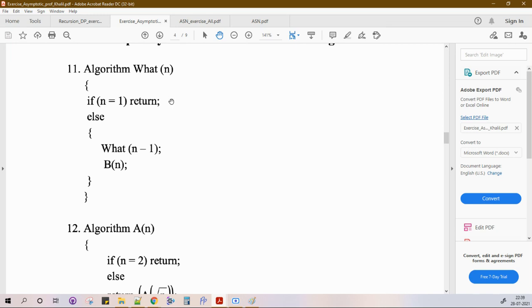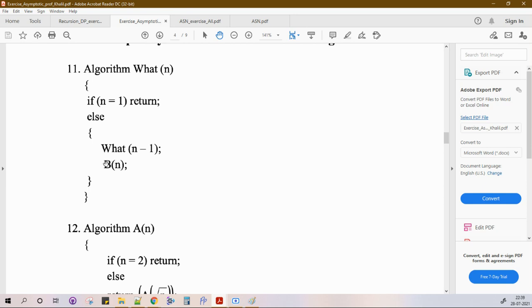When n is equal to 1, it will return, so the recursive call is over. Else it will call n minus 1, and it will call one function b of n. In real life, b of n can be getting all the data of users and sorting them, or just finding some specific user. When writing an algorithm, you can have many functions defined, and each function can have a complexity of order n, or order n log n, or order 1.